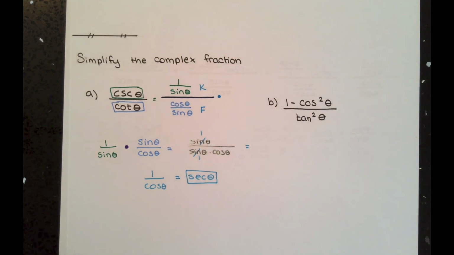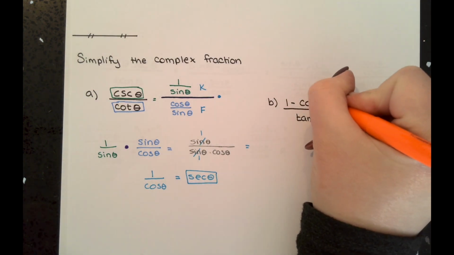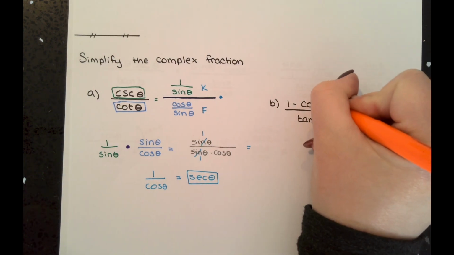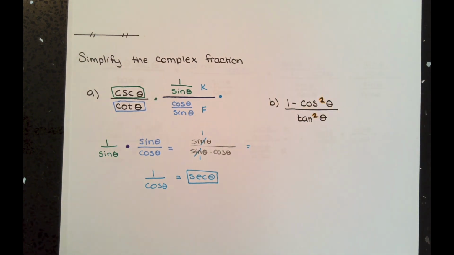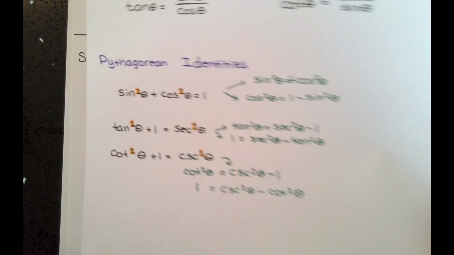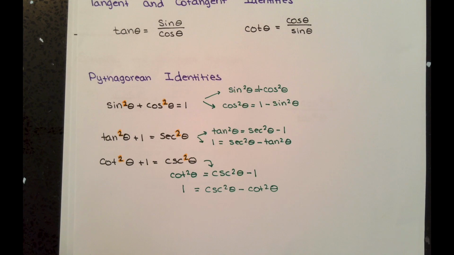Let's go again. Alert, alert, alert. We have a squared. I know, beautiful bee, I'm being extra. It's okay. Okay, when you see that squared, immediately think, is this a Pythagorean identity? Perhaps. Let's take a look. What kind of Pythagorean identities do we have?